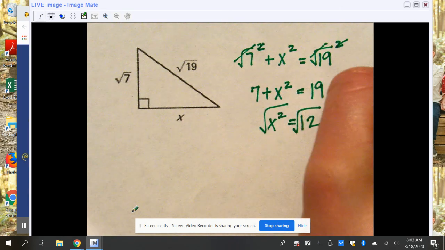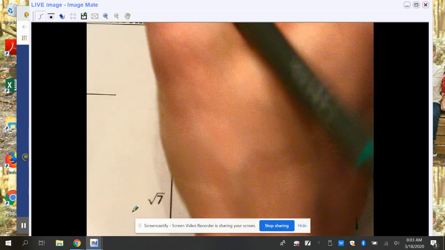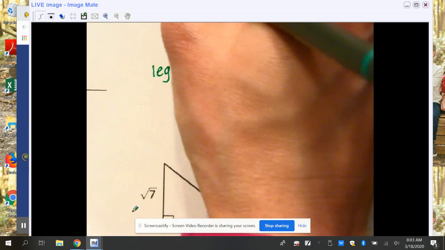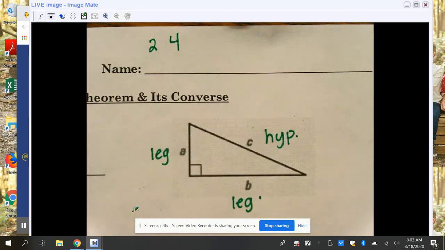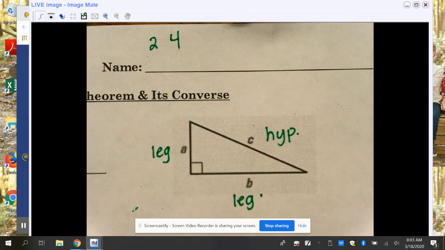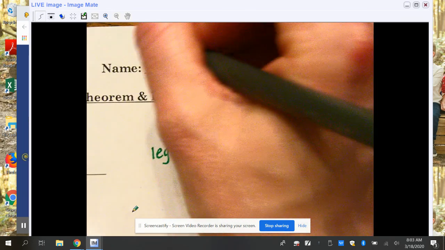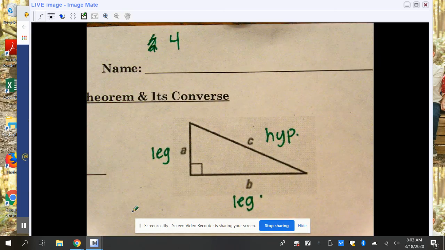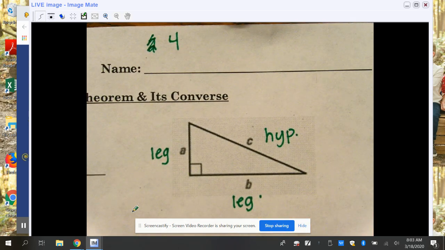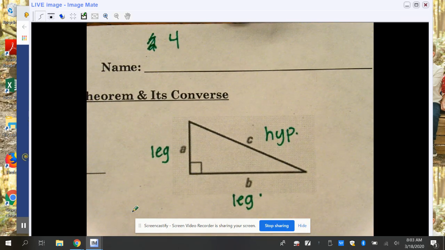So when I go to simplify this, again, my perfect squares, you might want to honestly, for the rest of this unit, write them down on a piece of paper, Post-it or something. 2 squared is 4, 3 squared is 9, 16, 25, and so on and so forth, and just have them out because we're going to be simplifying radicals for the rest of this unit.